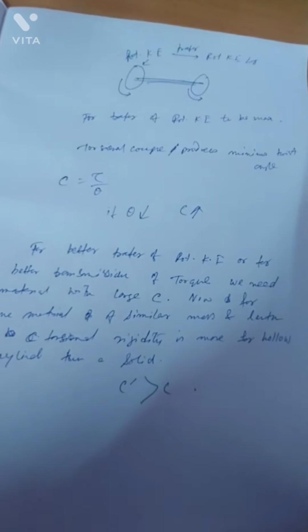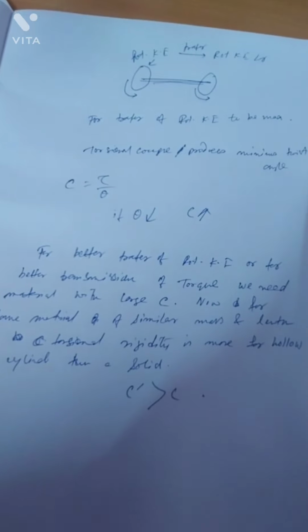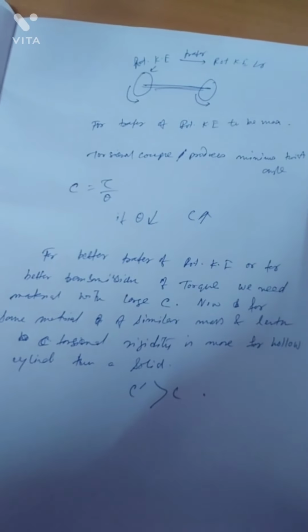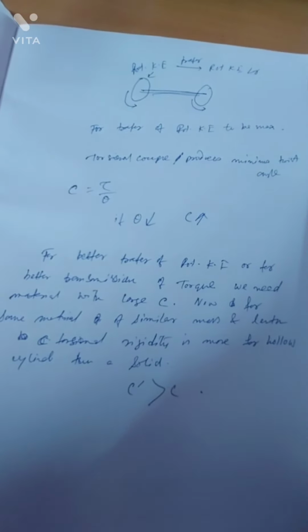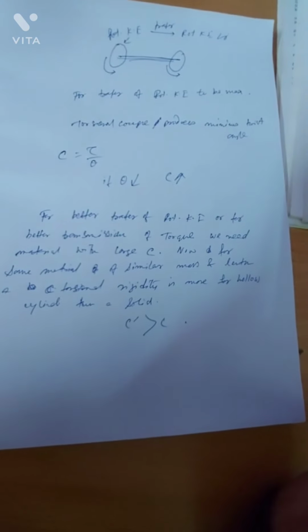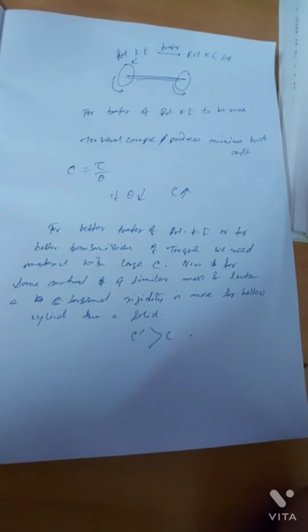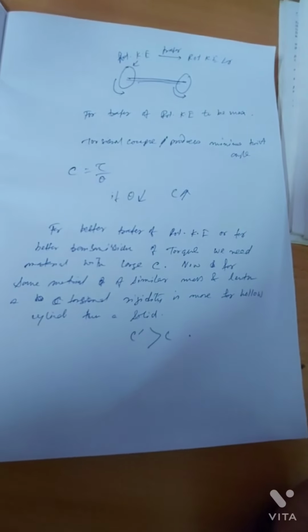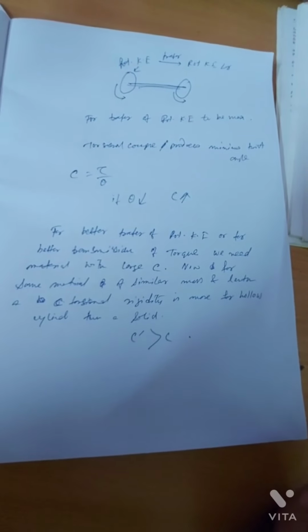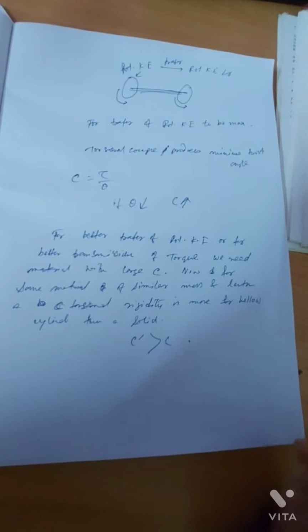You can see hollow axles are used in automobiles and also in bicycles. They are formed not by solid rods but by hollow rods. So this question may come: why is a hollow cylinder preferred over a solid one for better transmission of torque?